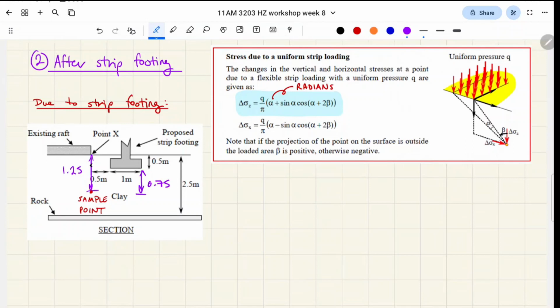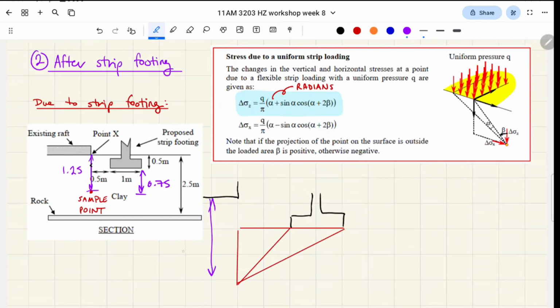So what I'm going to do is redraw our scenario from this cross-section view, but here's our strip footing. Here's our raft footing. Okay, so this total height was 1.25 meters.